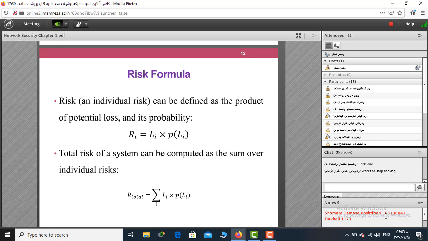Each risk should be calculated and at the end the total risk should be computed. Total risk is equal to sigma, the sum of all risks. Each risk was L_i times P of L_i. And sigma, what's the meaning of sigma? It is total. Yes, it is the sum of these values.